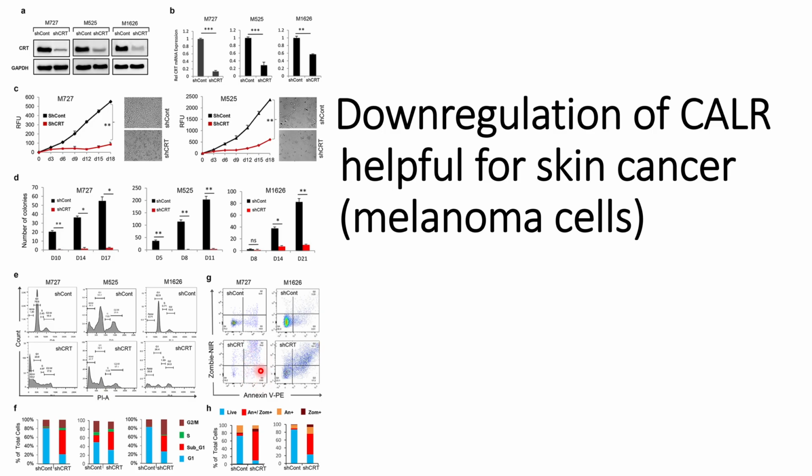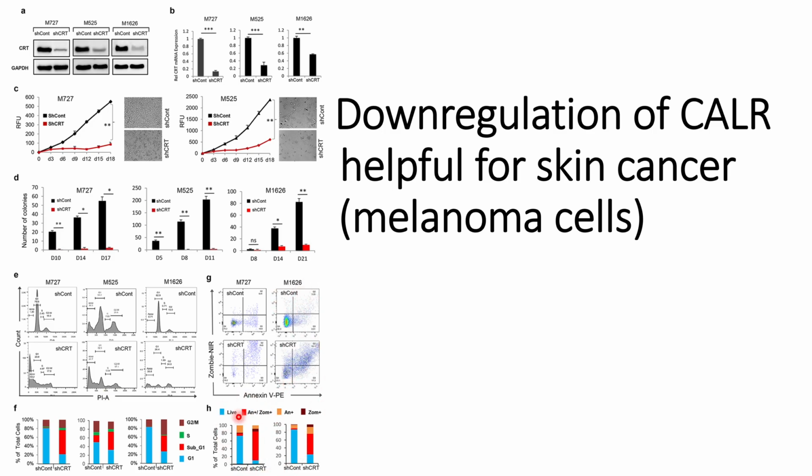So cells are more in the late apoptotic condition for M727, and for M1626 cell lines, the cells are more in late apoptotic and also in early apoptotic conditions compared to the M727.